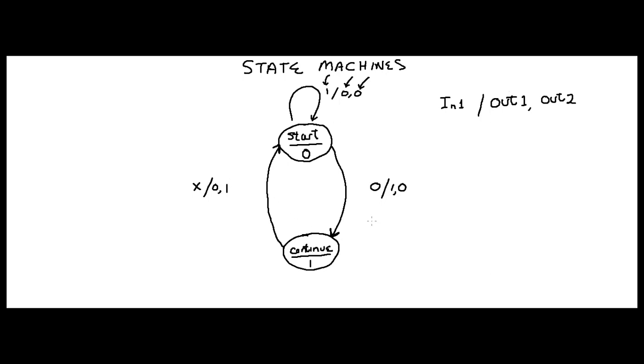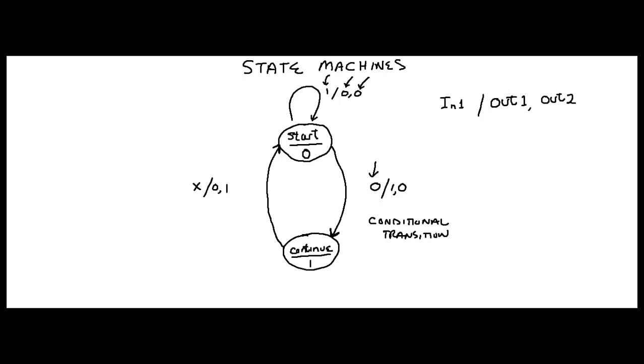On the right side, this is called a conditional transition, because it's conditioned on the value of in1, which has to be 0.